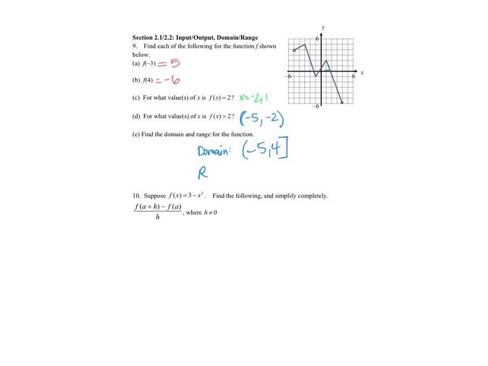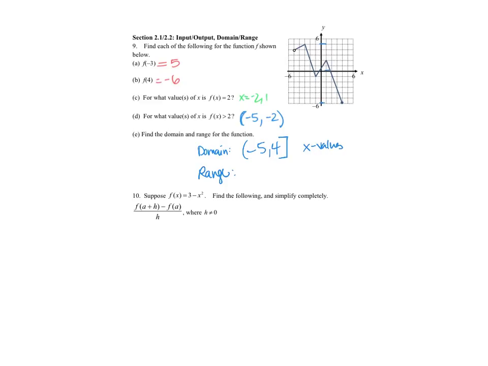And the range, these are all x values here. And the range is going to be the set of all possible y values that my function hits. And so I can see the greatest y value is 5, and the smallest one is -6.